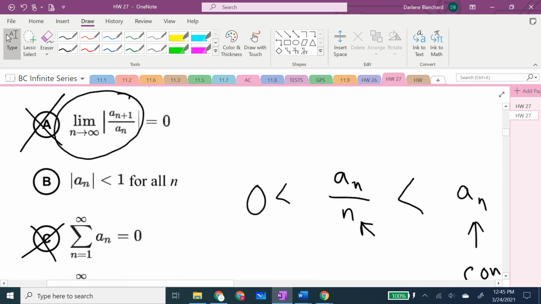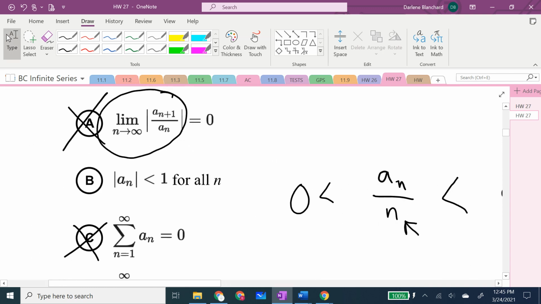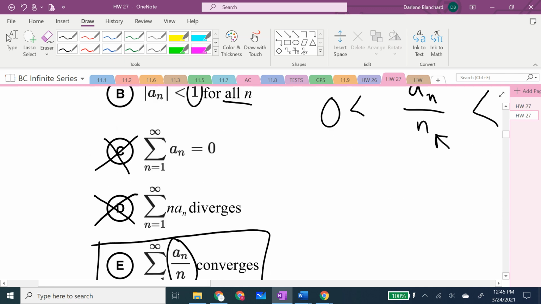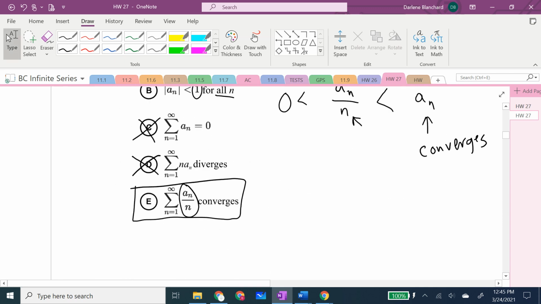And again, this B was kind of awkward, but it is that, yes, at some point, this is going to be true, but it does not necessarily have to be true for all n. And that's why E is the correct answer.